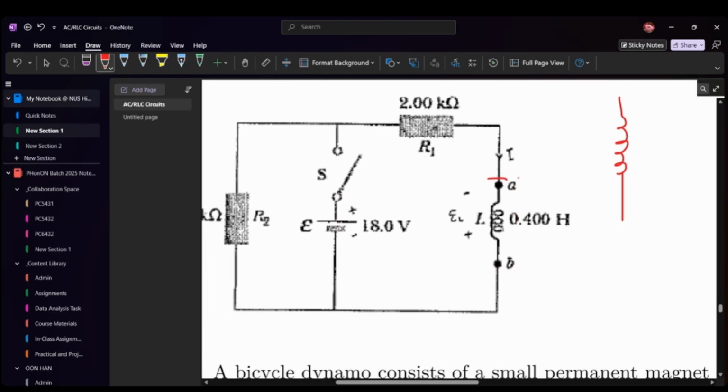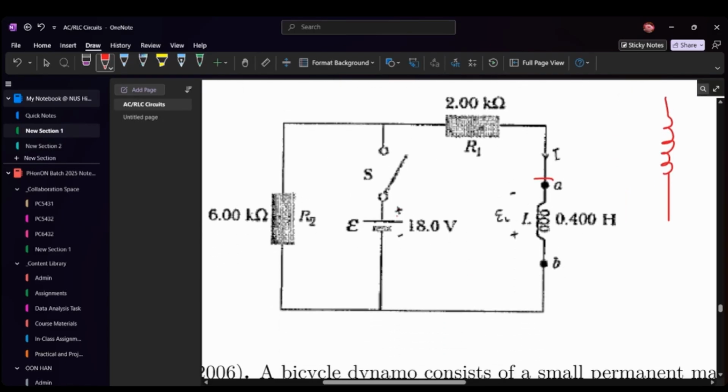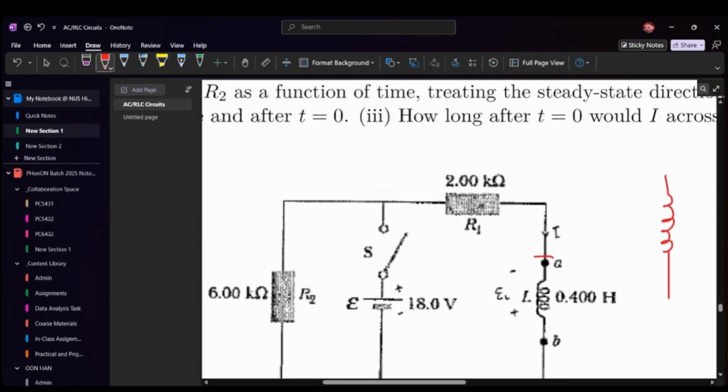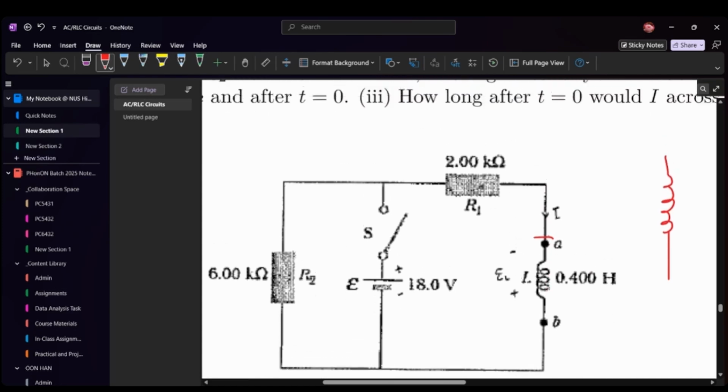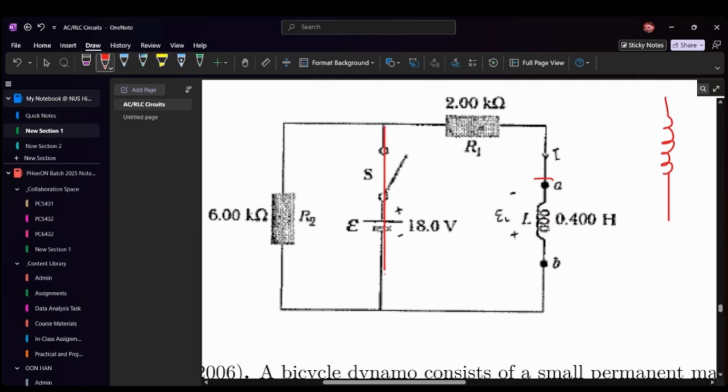Oh, actually, no, I need to think about it. Sorry. Let me think about it. Initially, this thing is closed, right?